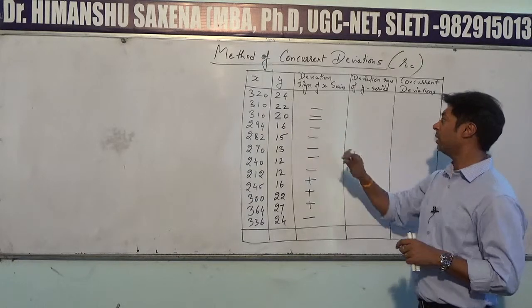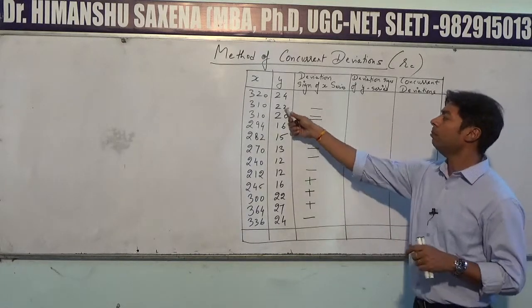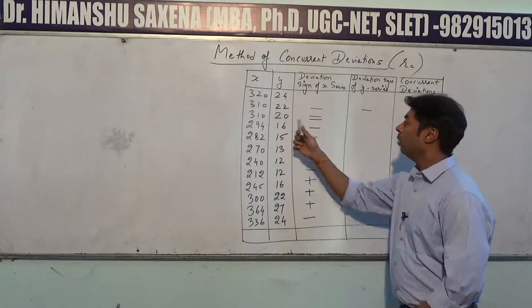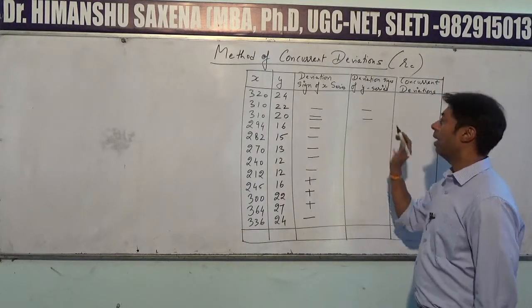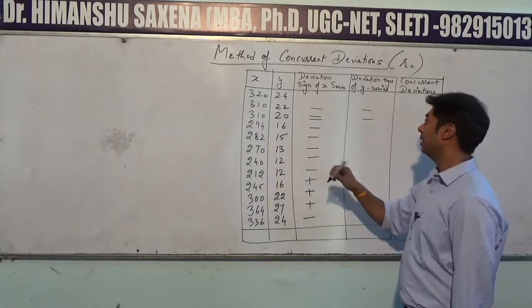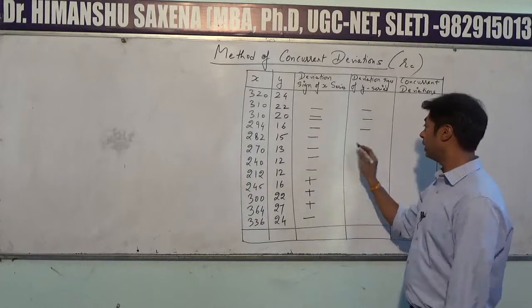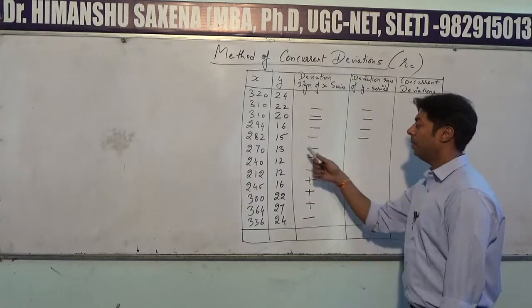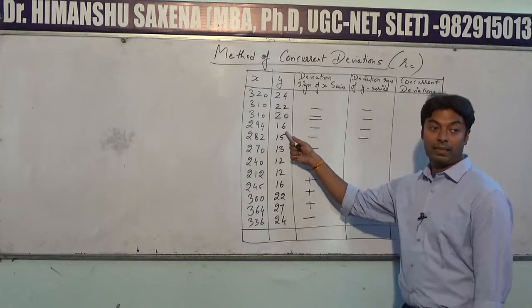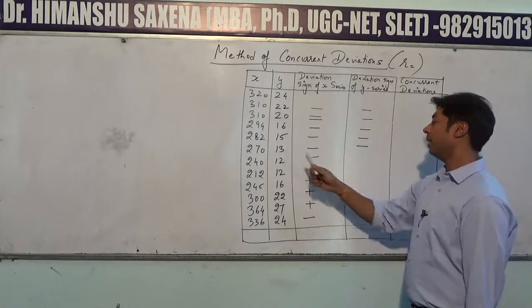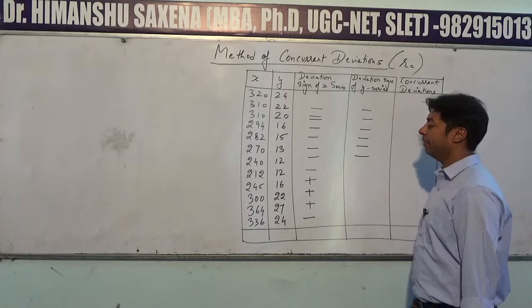Now 22 is less than 24, so there will be a negative sign. 20 is less than 22, again a negative sign. 16 is less than 20, negative sign. 15 is less than 16, again a negative symbol. 13 is less than 15, again a negative symbol. 12 is less than 13, again a negative sign.